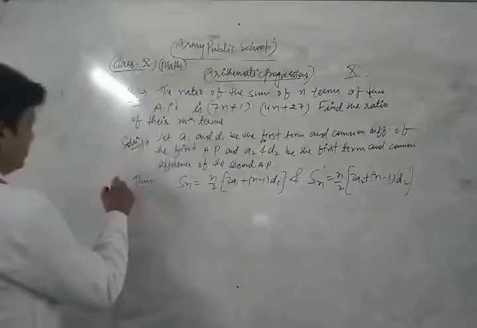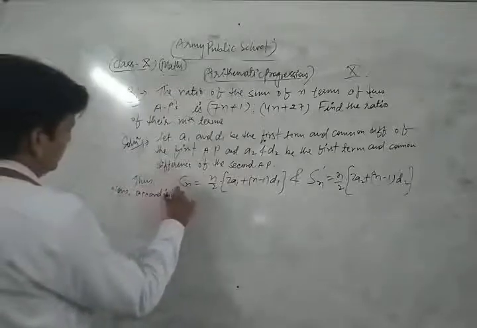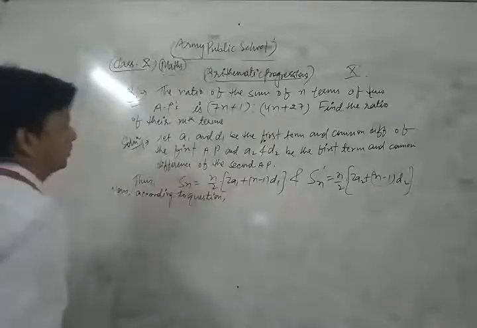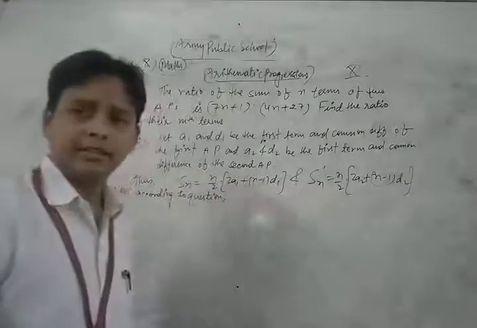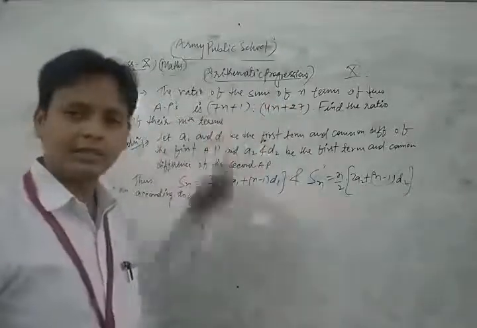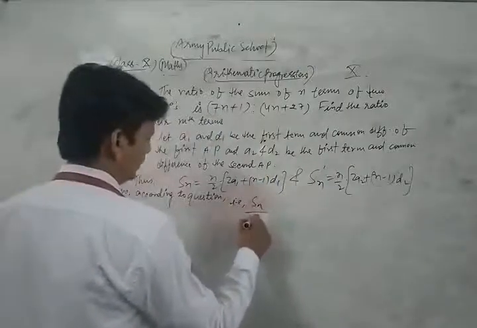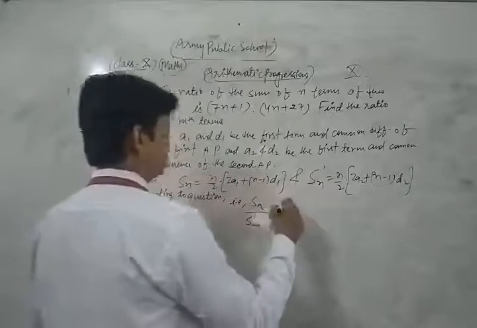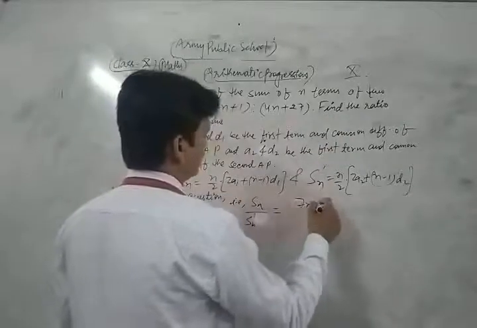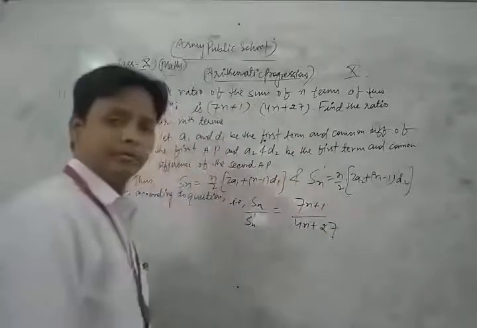Now according to the question, the ratio of the sum of n terms of two APs is given, that is Sn upon Sn dash is equal to 7n plus 1 upon 4n plus 27 respectively.